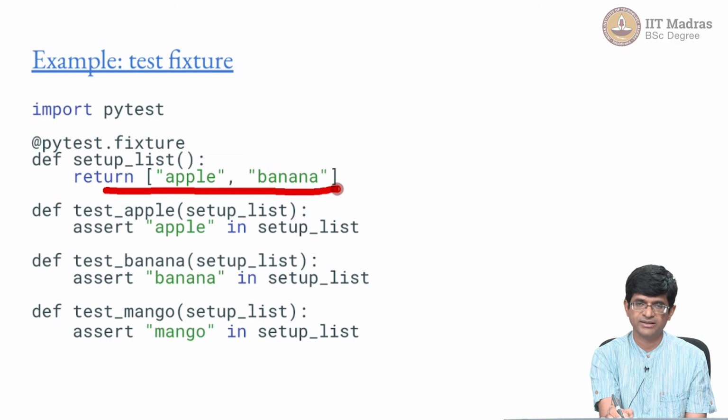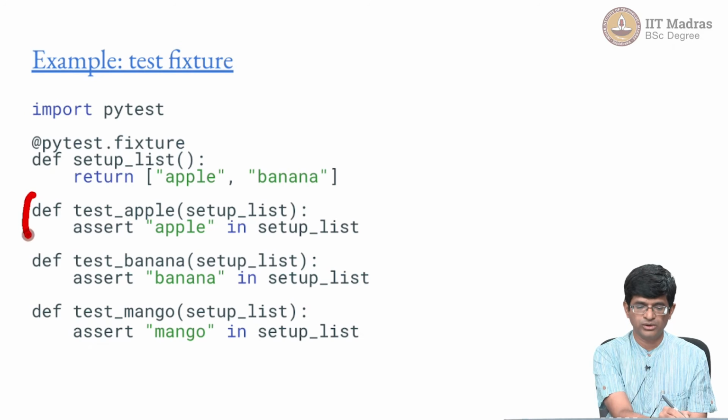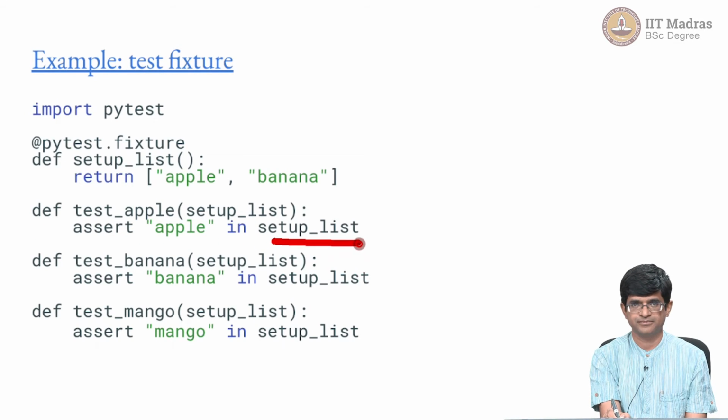That will return a list which contains the words apple and banana and will be set to this variable setup_list. What does the test do? It asserts that the word apple is present in setup_list. Similarly, I have another test which asserts that banana is present in setup_list, and a third test that asserts that mango is present in setup_list.